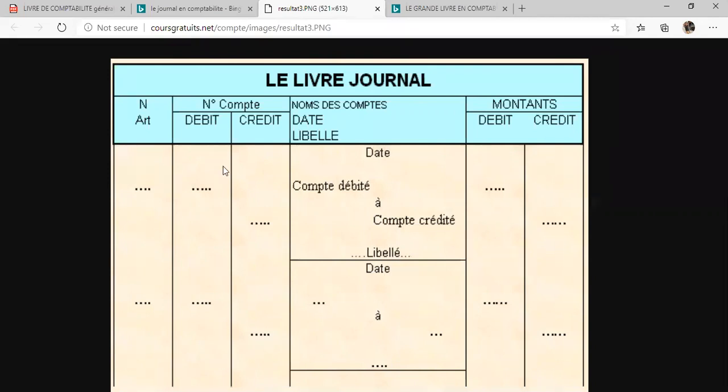So we have the first column. Do not mind this very first column. We do not use it. So we start from the second one, which is numéro de compte, and under that we have debit. The transaction which is debited has a corresponding code, which is the one you write here. The codes run from class 1 to class 8. And in the same transaction, we would have a transaction corresponding to the negative side.